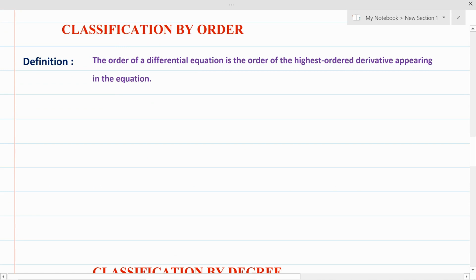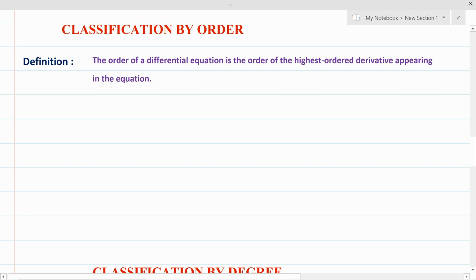With the classification by order, how do you say that this is the order of a differential equation? You are supposed to know the definition of it. The order of a differential equation is the order of the highest ordered derivative appearing in the equation.